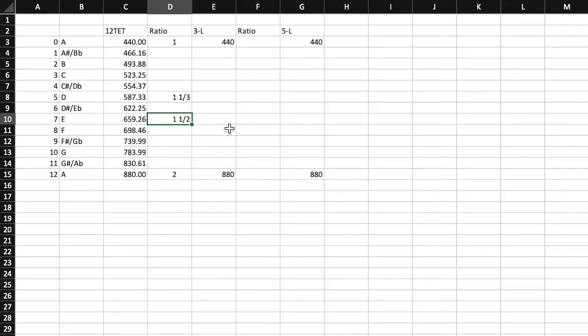So we have E. Now we can move up a 5th to B. So B is this times 3 over 2. That again is more than 2, so we divide by 2, giving 1 and 1/8, so 9/8. Now we go up from the B to an F sharp. Same thing, we take that times 3 over 2.